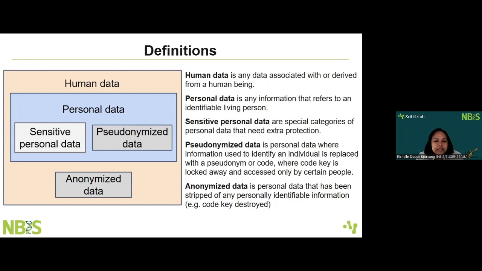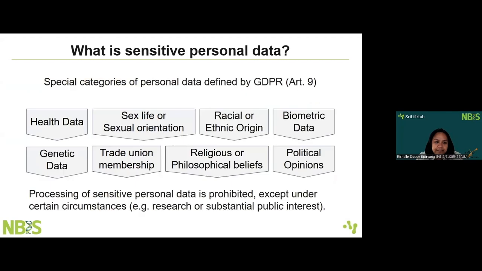So what are the special categories of sensitive personal data? So here, as defined by the GDPR or General Data Protection Regulation, this is information that is particularly private or sensitive in nature.